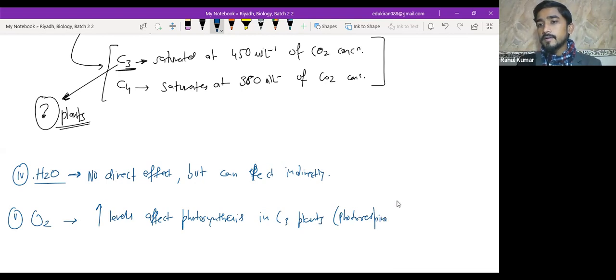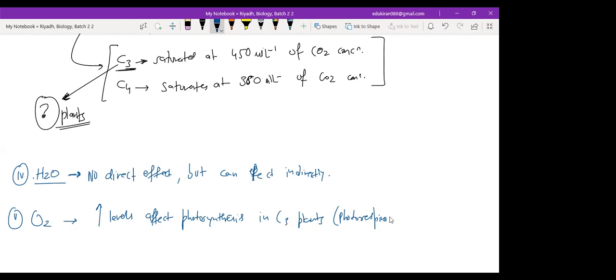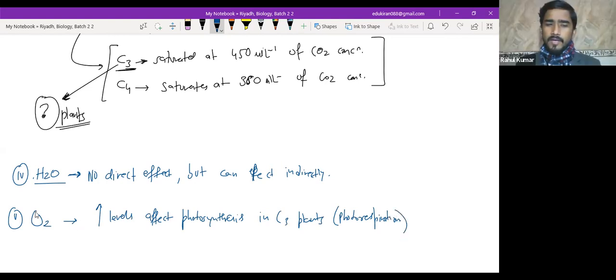Abhinav, will O2 have any effect in C4 plants? No. No effect in C4 plants, because in C4 plants there is no photorespiration.